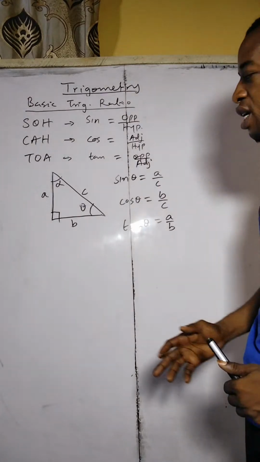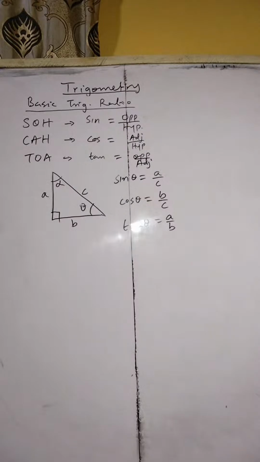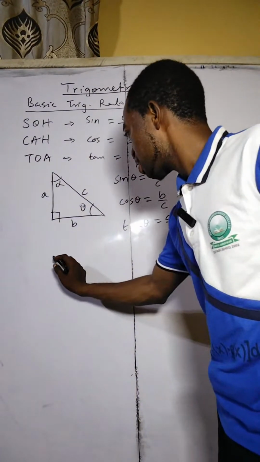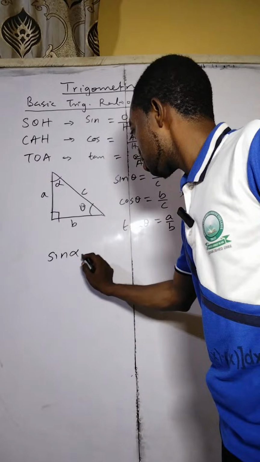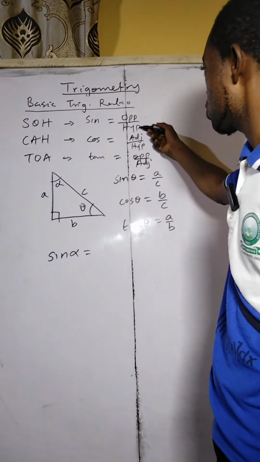Now, the same way, we can list that for alpha. When we consider the angle alpha, sine alpha equals the opposite of alpha over hypotenuse.